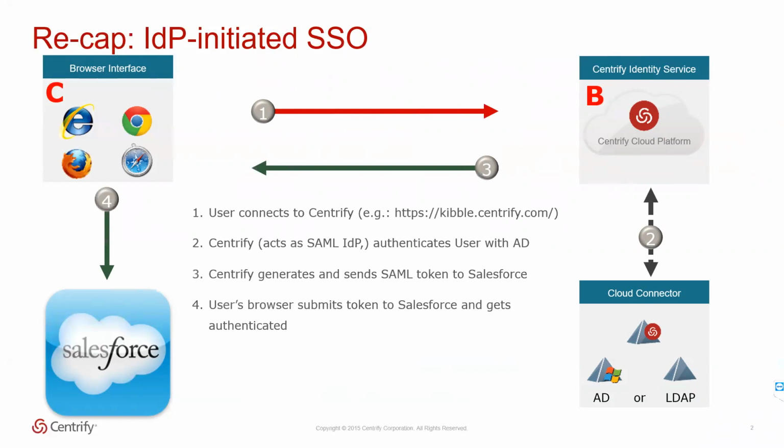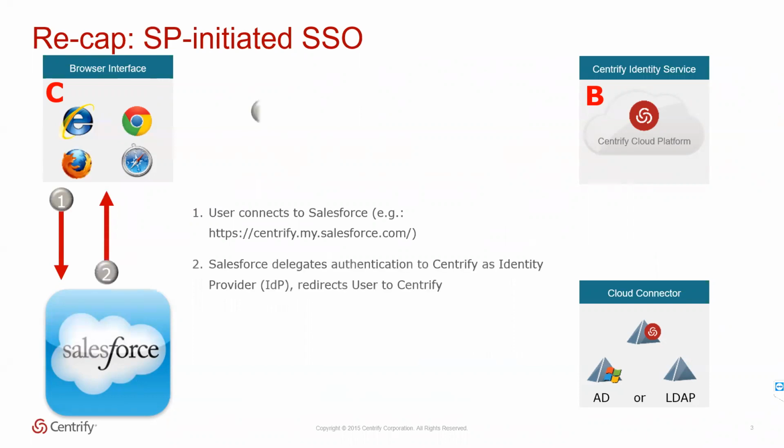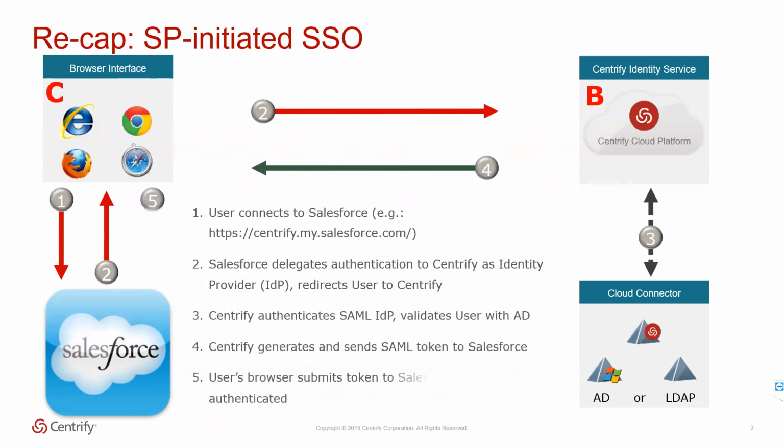Since we are starting from the IDP side, that's IDP initiated single sign-on. SP initiated is like an extended version of that. The only difference is the user goes to the SP first, and the SP redirects the user to the IDP, and then the remaining workflow is pretty much the same. Okay, I hope you guys still remember those.